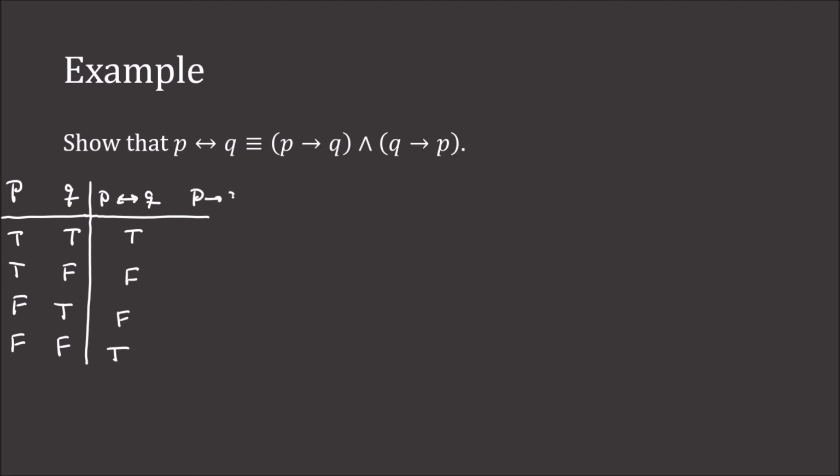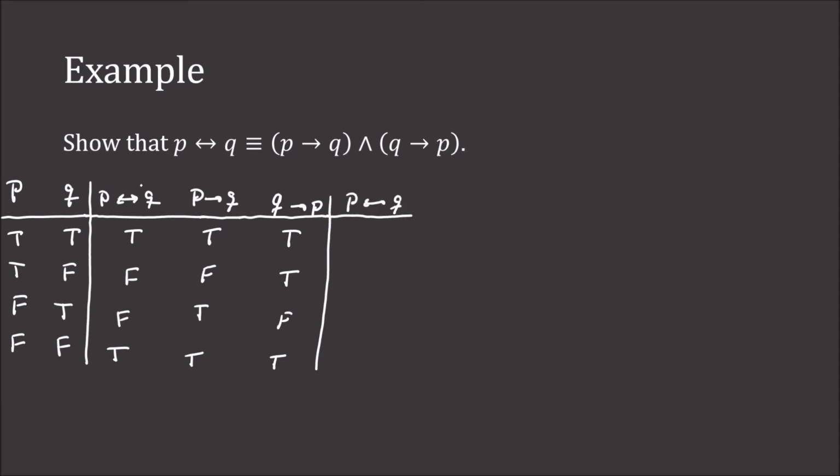We need a column for if P then Q. The second row would be false and every other row would be true. And we need a column for if Q then P. The third row would be false and every other row would be true. Now I'm going to rewrite the biconditional.